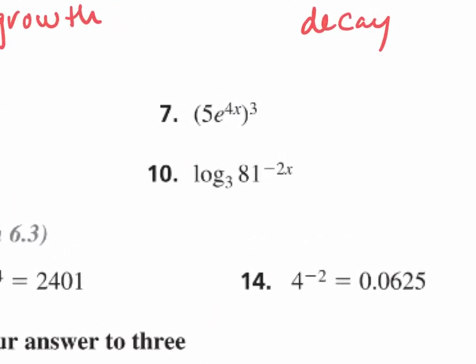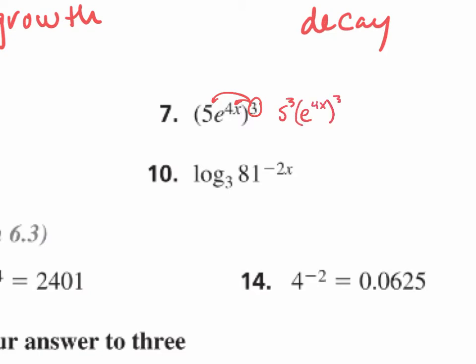Number 7. We have 5e to the 4th, e to the 4 times x power cubed. So what do we have to do to simplify? Distribute the 3. So that 3 is a 5 cubed and e to the 4x cubed. So 5 cubed, e to the 4x cubed.